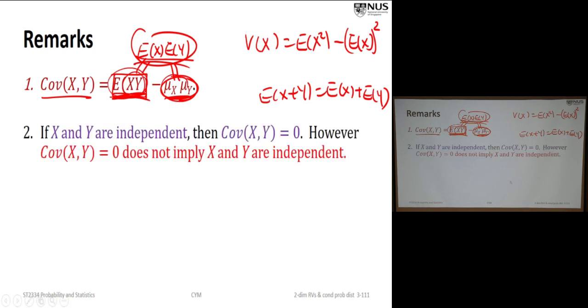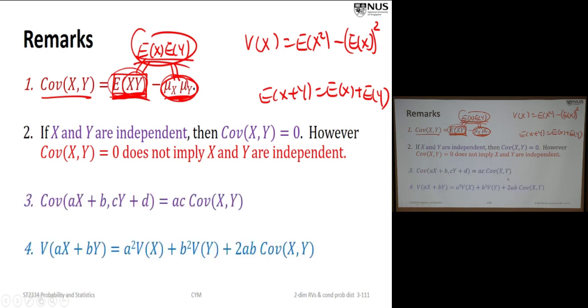That's what I said, right? And then, these are something that you can prove algebraically. But basically, it's just saying that if I change the variable by adding a constant to it, it won't change the covariance. Only multiplying a constant to the random variable, then the covariance will be multiplied by that same constant.